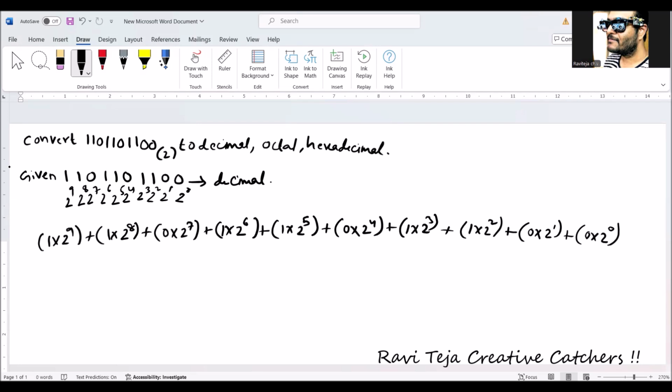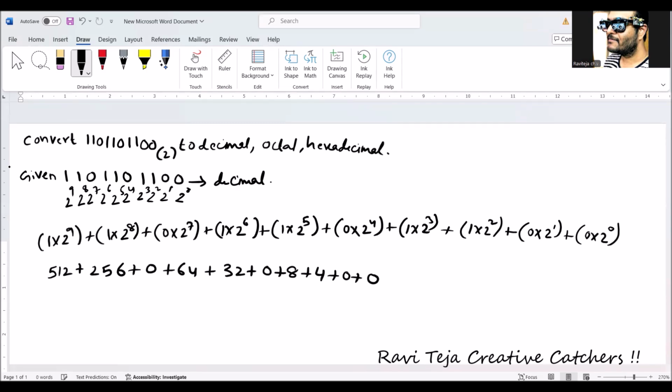Now, 1 into 2 power 9 will become 512, plus 1 into 2 power 8 will become 256, plus 0, plus 2 power 6 is 64, plus 2 power 5 is 32, plus 0 into 2 power 4 is 0, plus 2 cube is 8, plus we have 4, plus 0 plus 0.